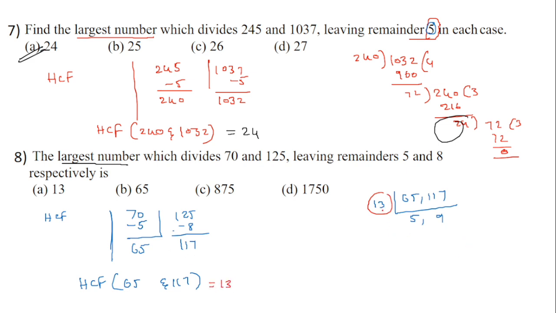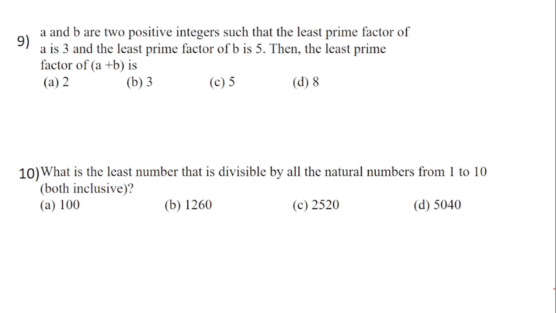To find the LCM, we would have to multiply 13 into 5 into 9. To find the HCF, we consider the number which divides both numbers. That's it. So here 13 is our answer. You can also solve using this common division method and you will get the same answer. Try on your own. If you have any doubt, raise it in the comment section. Okay, let's move on to the next question.